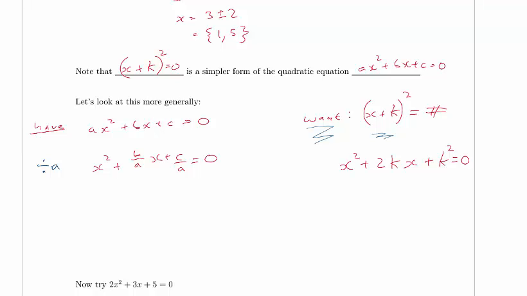So we'll call this a capital B, and call this a capital C. Now we subtract this constant over so that we get something that looks like this: x squared plus our big B times x equals negative C. All we did was simply subtract our big C.